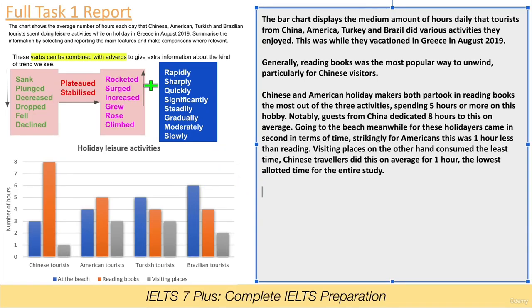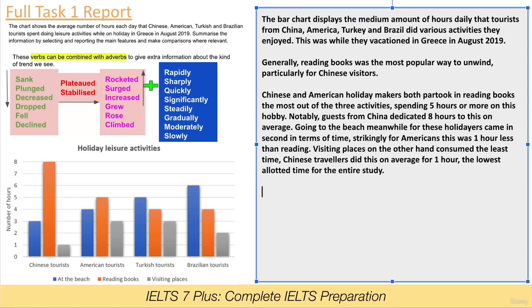Chinese and American holidaymakers both partook in reading books the most out of the three activities, spending 5 hours or more on this hobby. Notably, guests from China dedicated 8 hours to this on average. Going to the beach, meanwhile, for these holidayers came in second in terms of time. Strikingly, for Americans, this was only 1 hour less than reading.